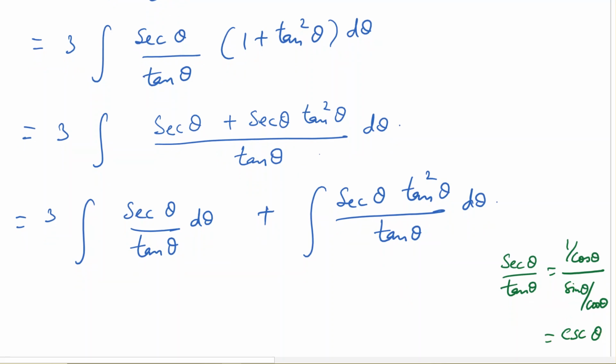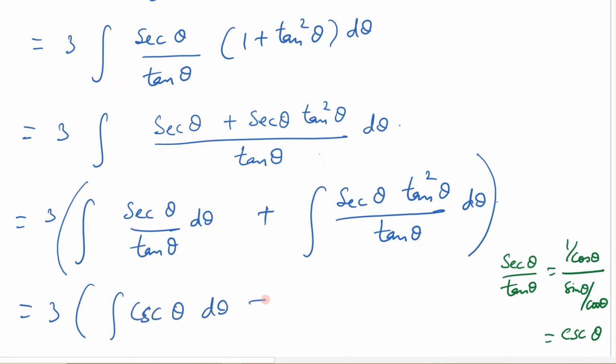So remember, this 3 is with both integrals. Our first integral becomes the integral of cosecant theta d theta, and in the second integral tangent gets cancelled, and we get the integral of secant theta tangent theta d theta.